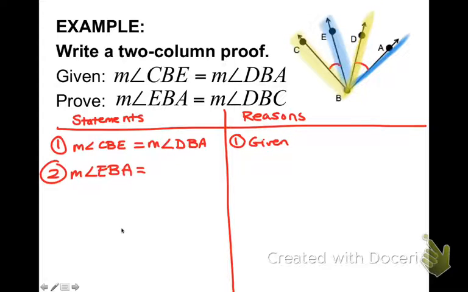Perfect. So it's equal to the measure of angle EBD plus the measure of angle DBA. Angle addition postulate.